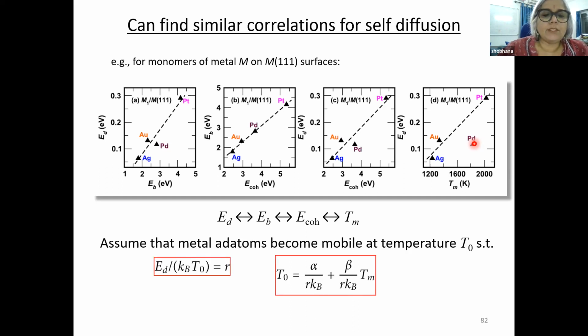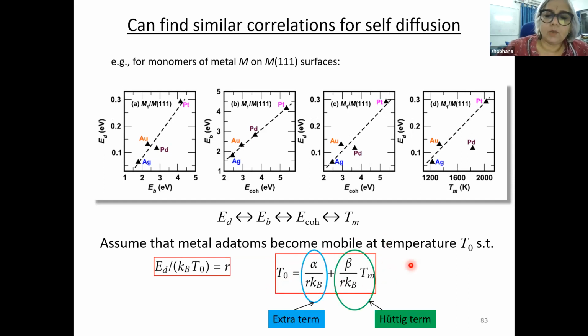And if you assume that the metal atoms become mobile at some temperature, such that the diffusion barrier versus kBT is some fraction, then you get the temperature at which the metal atoms become mobile. You get an equation like this. So some fraction of the melting temperature is the Hüttig term, and we get this extra term.